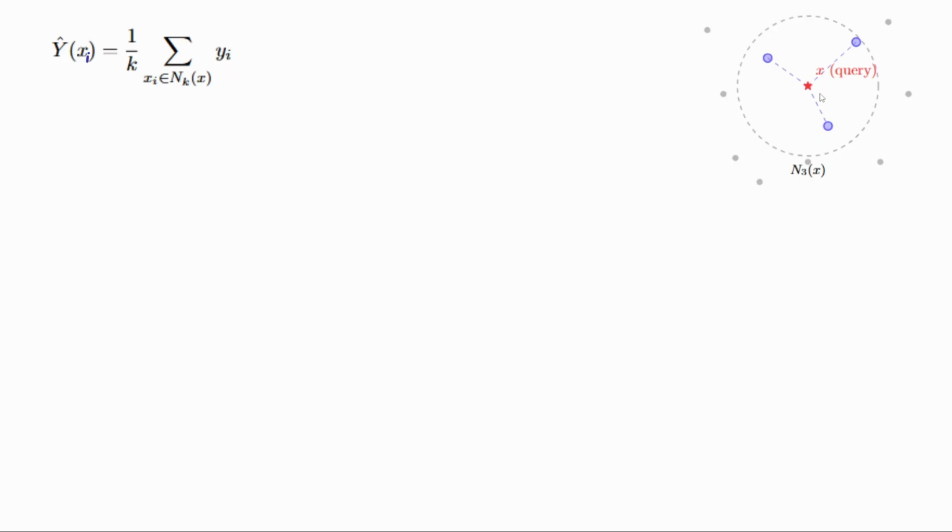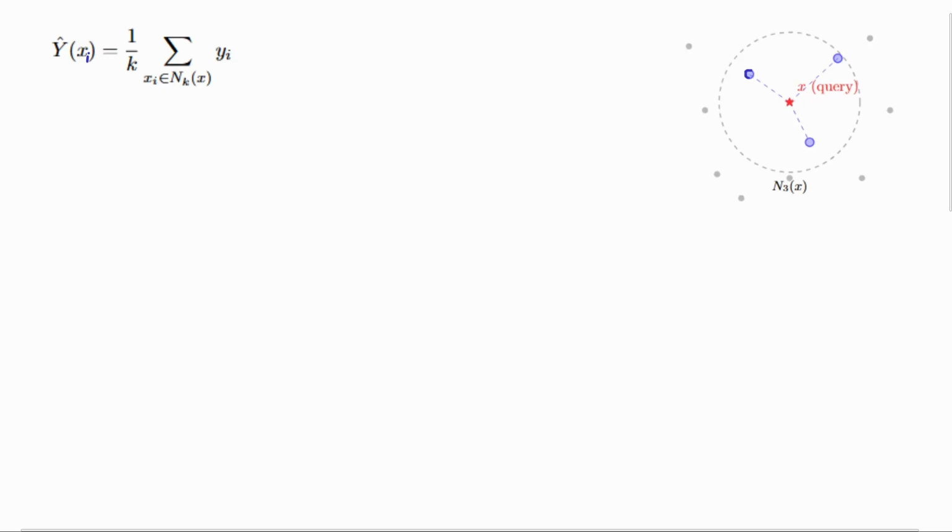So let's see why. Pretend that instead of k equals 3 in this picture, k is 1. Let's say you have a point here and you want to predict what this value is. Well, you look at the nearest neighbor, and the nearest neighbor is, well, itself, which has some y value.